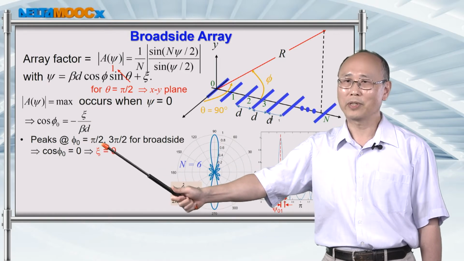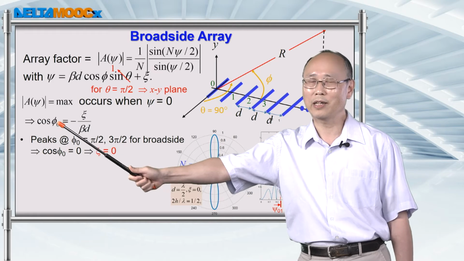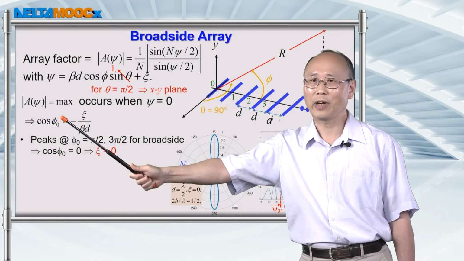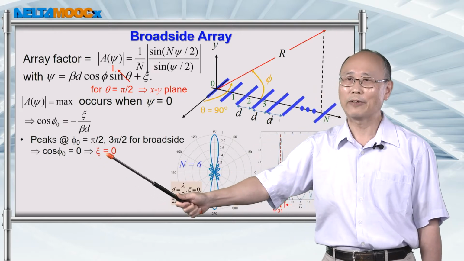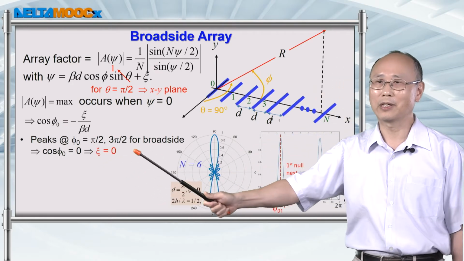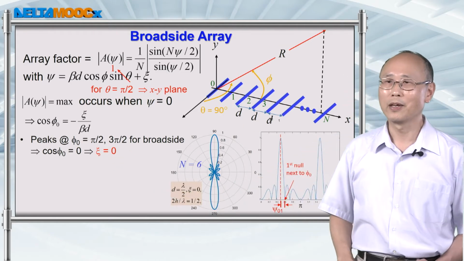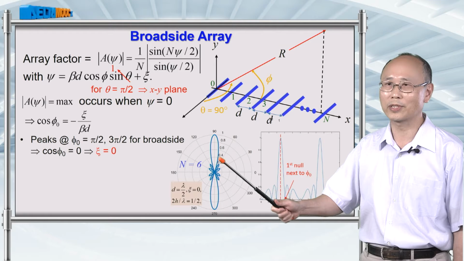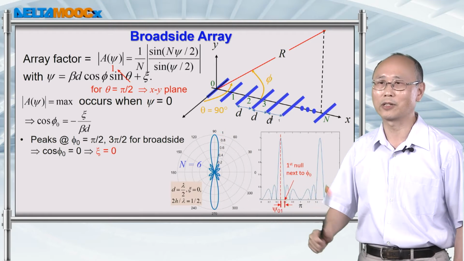When you put 90 degrees or 270 degrees into this cosine phi function, you end up with nothing on the left hand side. So this means that if you want to have a broadside radiation, you have to set this phase difference of the current equal to 0. Therefore, you have such a broadside radiation along 90 degrees and 270 degrees.